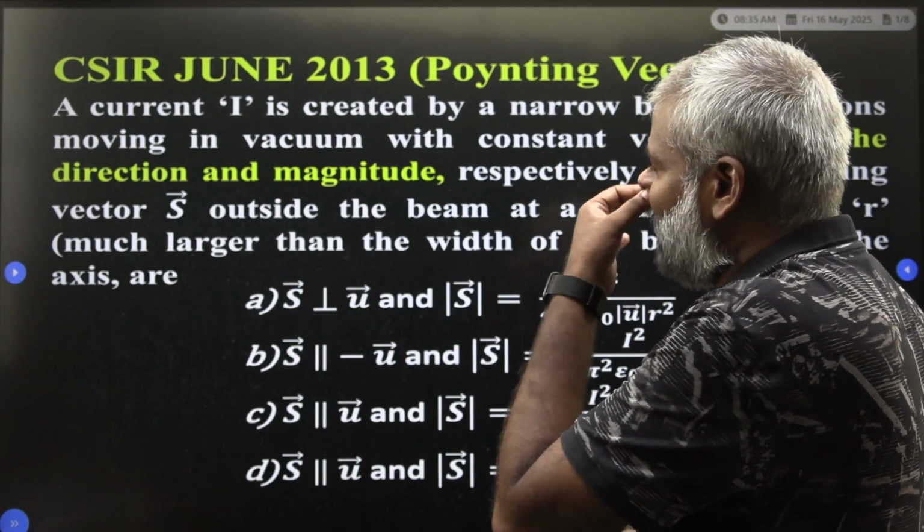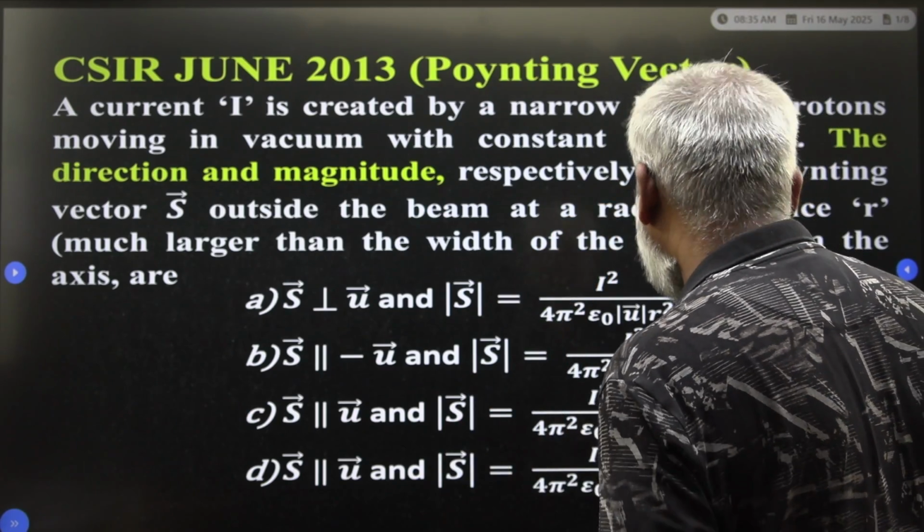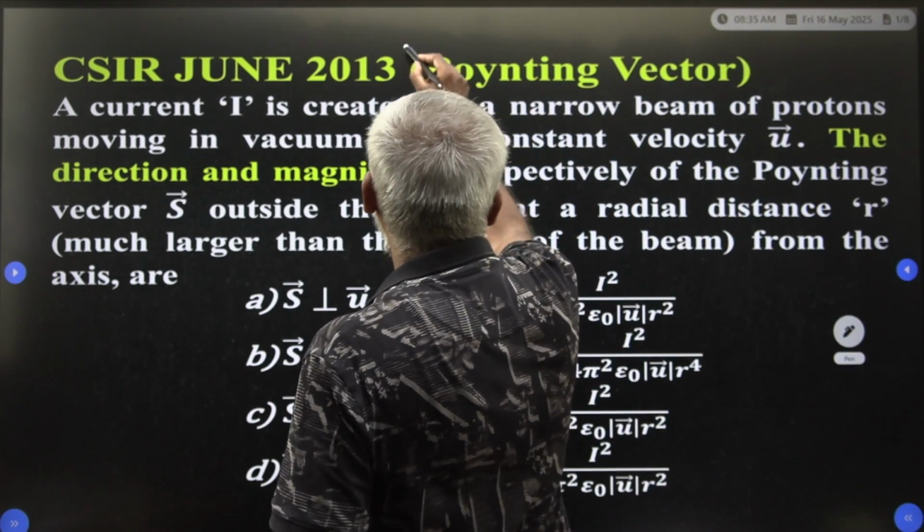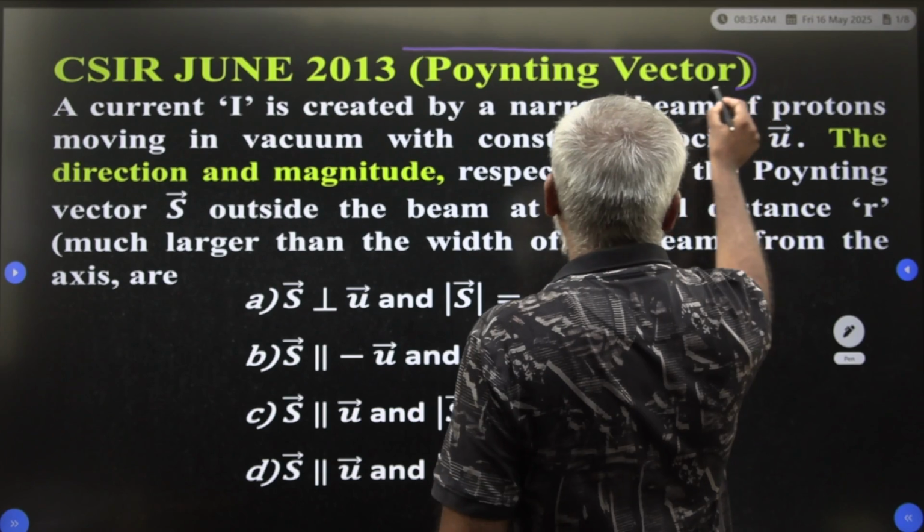First, in CSIR June 2013 there was a question based purely on the Poynting vector.